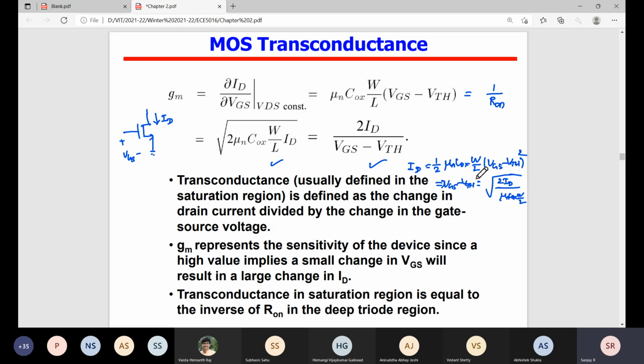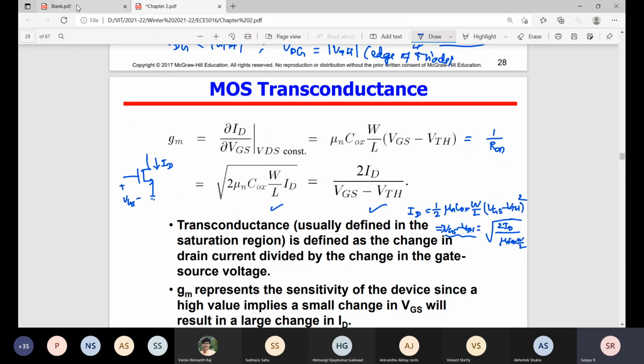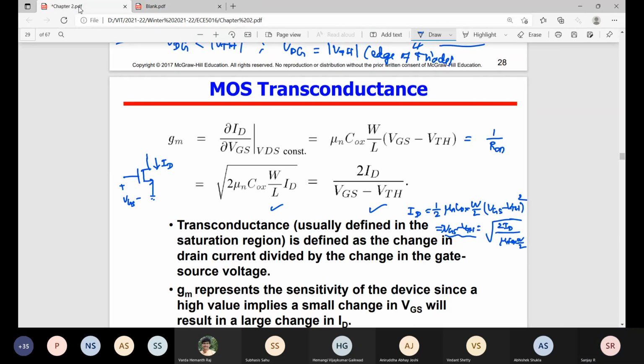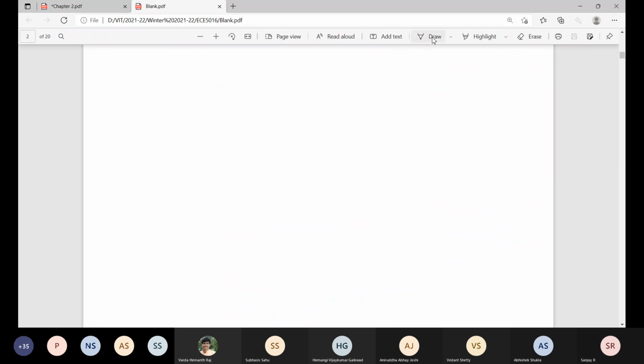Then substitute VGS minus VTH here. Let me move to a blank page. So now what is gm? gm equals mu n Cox W by L into (VGS minus VTH).